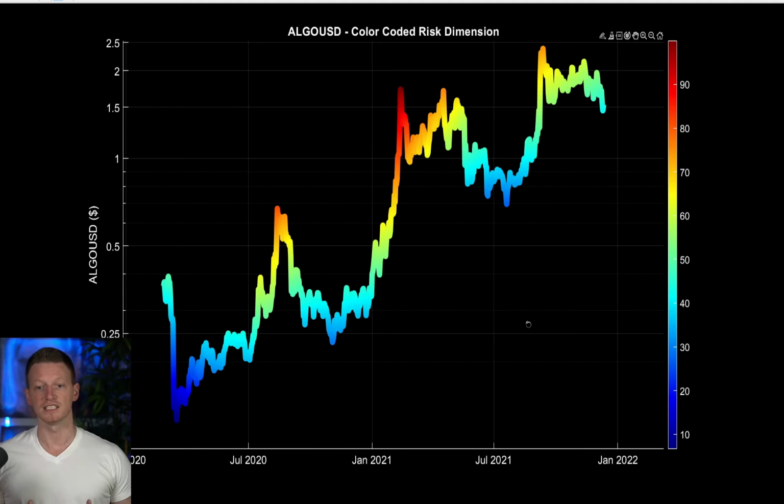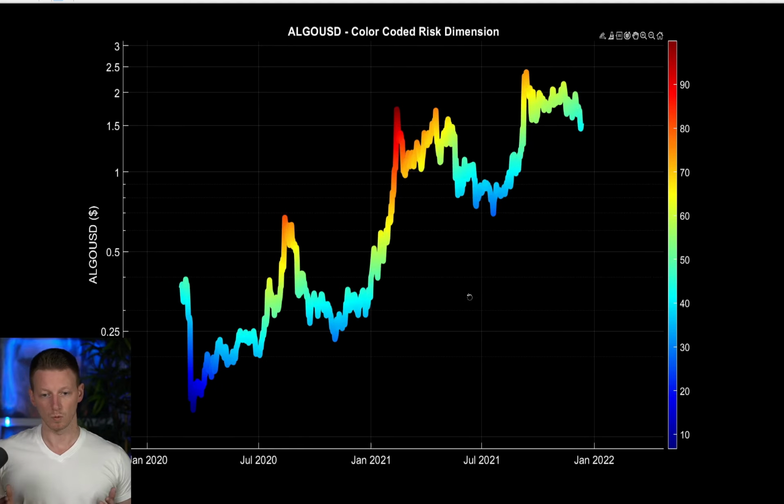So this is the Algorand USD risk model that we've created. If you don't know what this is, if you're new to the channel, we make machine learning algorithm optimized models here. And what that means is this is a model which will attempt to identify when a particular asset or even the entire asset class as a whole is overheated and in need of a pullback.